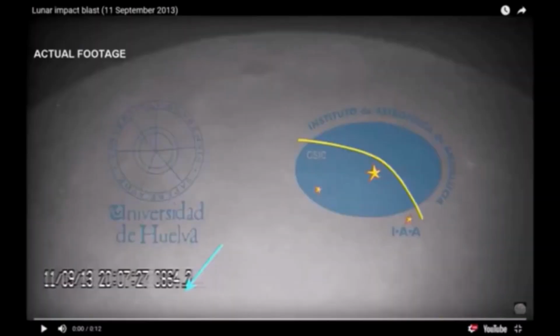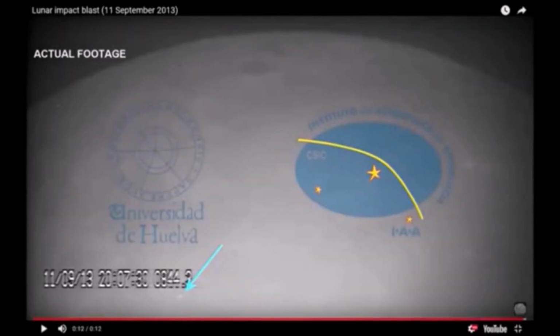I'll show that again. That's a meteorite strike, caught on video. Here's another video, and for some strange reason, this institution had to paste these large logos all over the moon, but this is the moon, okay, and this is where the strike is going to be, and there it is.